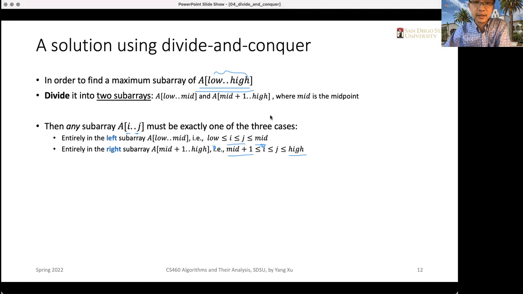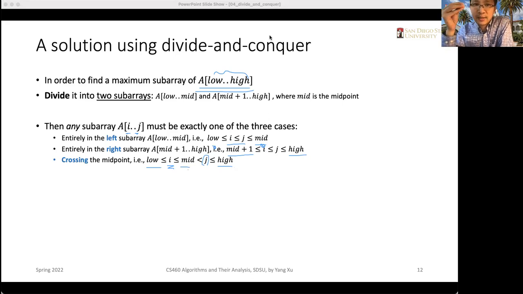And the third case is that the sub-array crosses the midpoint, which means that I can range from low to mid, but J is greater than mid and bounded by high.